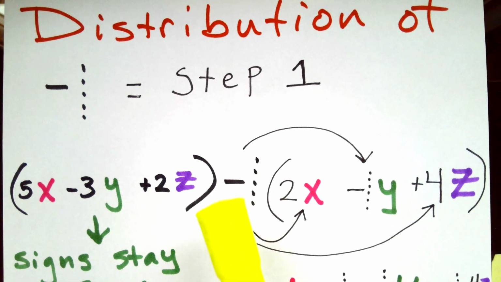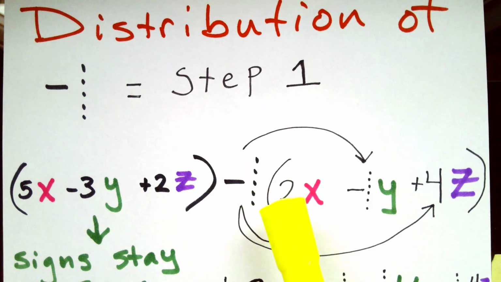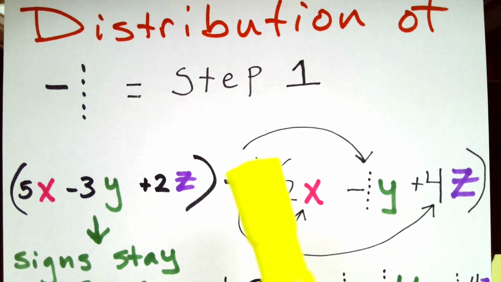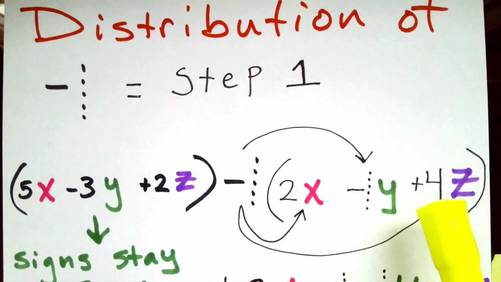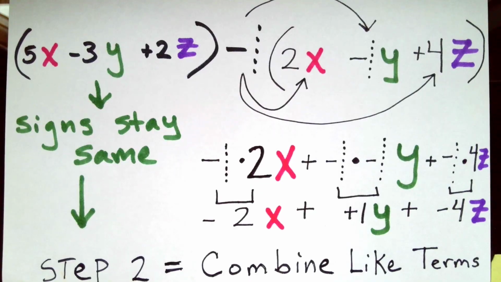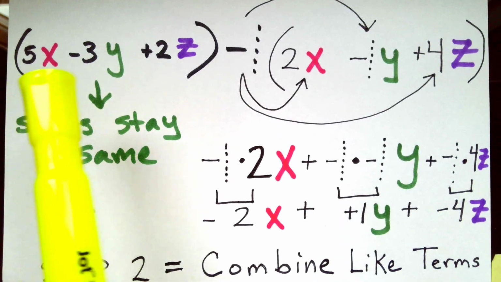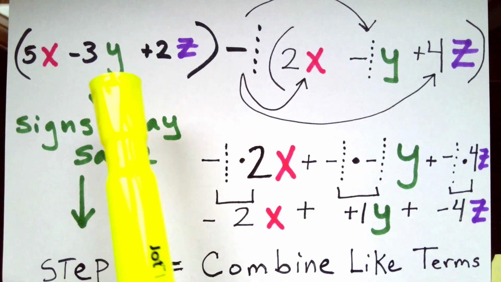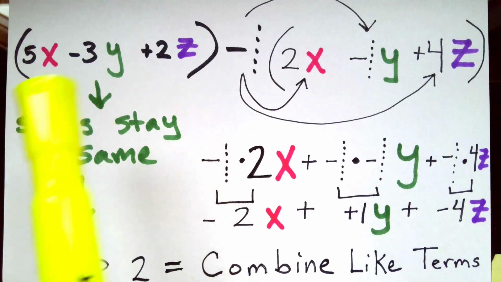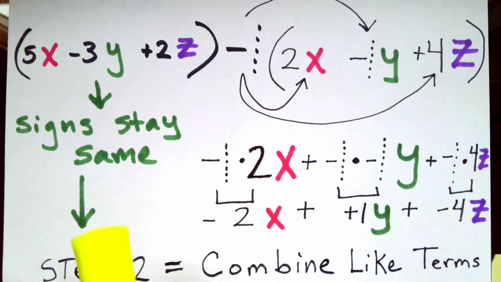So I'm going to end up multiplying negative 1 times 2x, negative 1 times the 1y, and negative 1 times that positive 4z. I want to reiterate that each of these terms inside the left parentheses, positive 5x, negative 3y, positive 2z, are all going to stay the same. I'm just going to rewrite them in my step number 2.